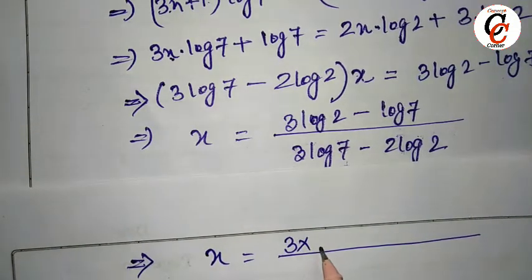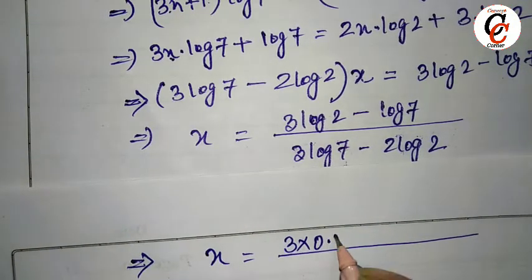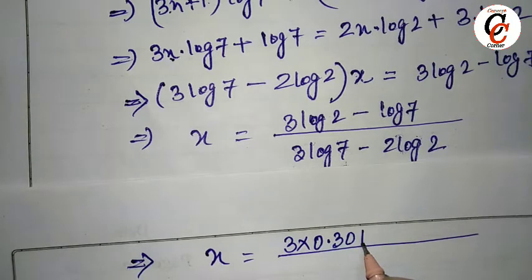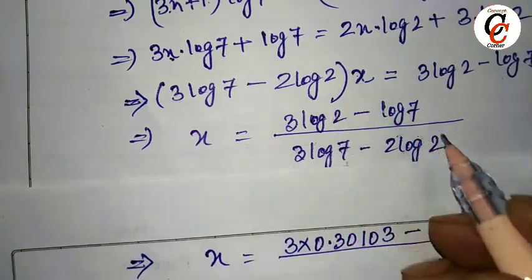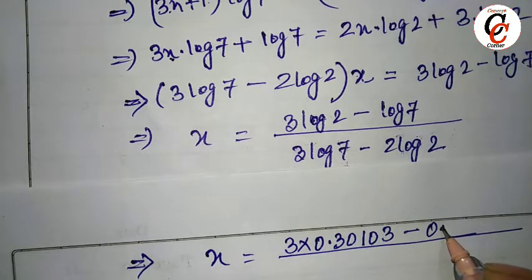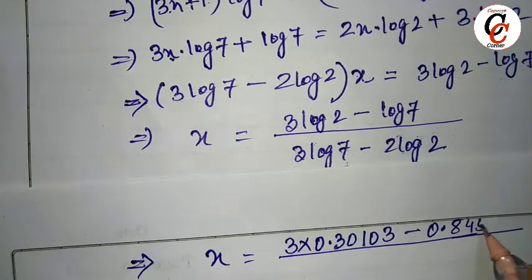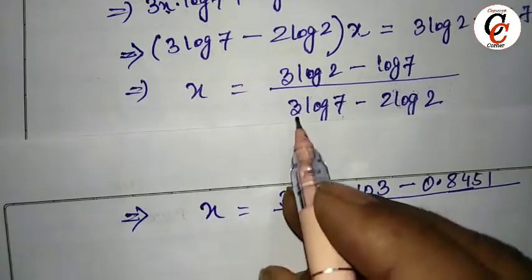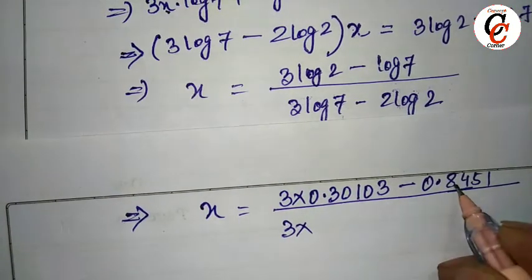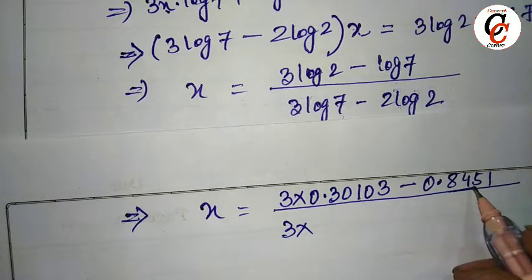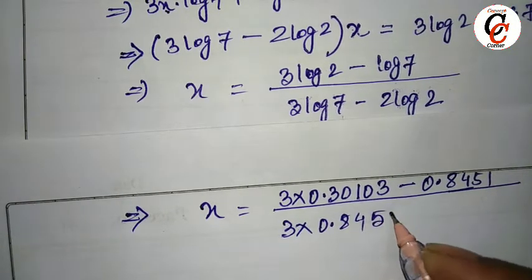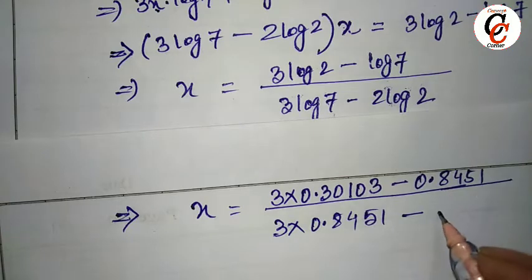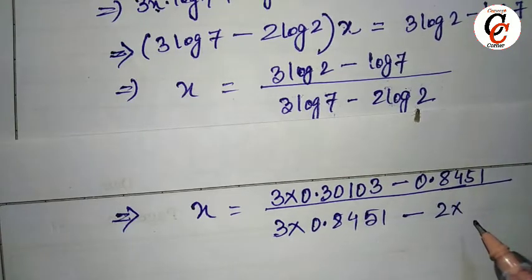So we have to put in the values of log 2 and log 7. Here see 3 into log 2. The value of log 2 we know is 0.30103, minus log of 7. Log of 7 means 0.8451.